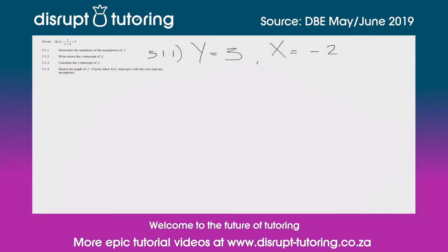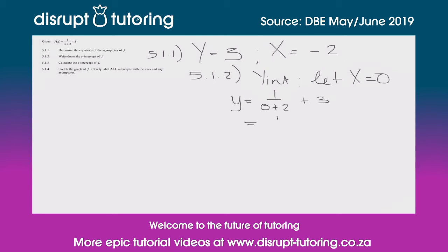Then they've said to us, write down the y-intercept of f. So 5.1.2, we need to write down the y-intercept. And that's fairly simple as well. So when we calculate the y-intercept, we need to let x equal 0. And when we do that, we've got y is equal to 1 over 0 plus 2 plus 3.